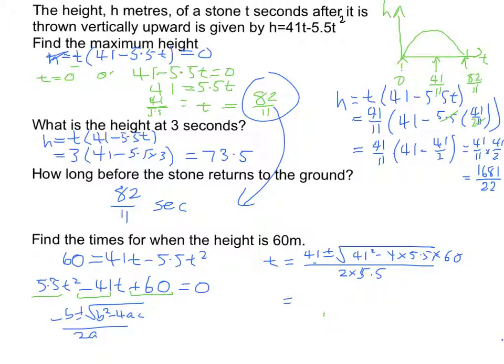and this will be equal to 41 plus or minus, if I simplify this square root, 41 squared take away 4 by 5.5 by 60, that will simplify down to 361 over 11.